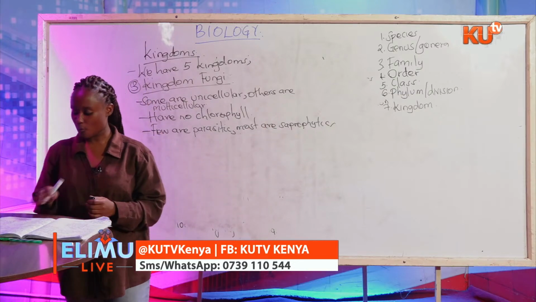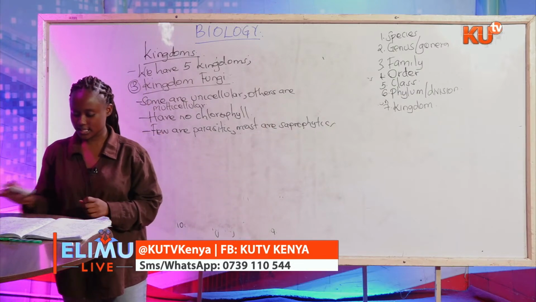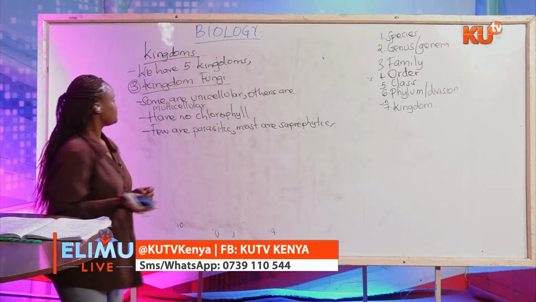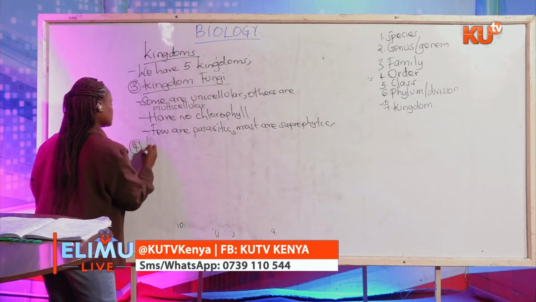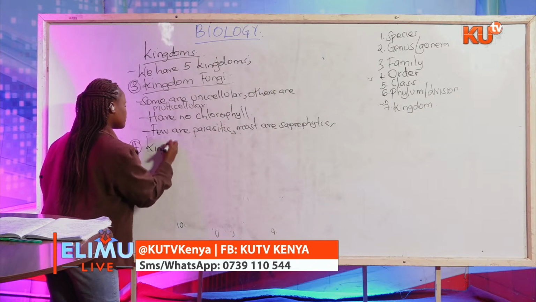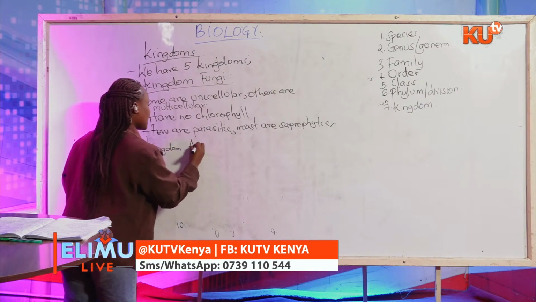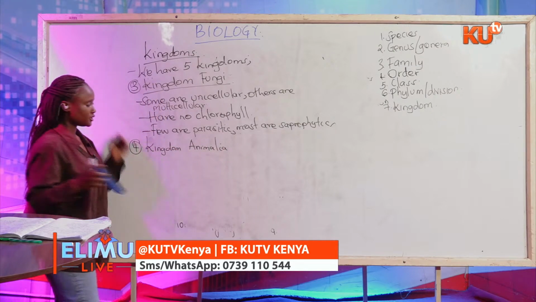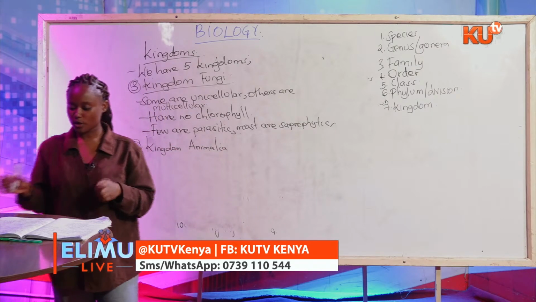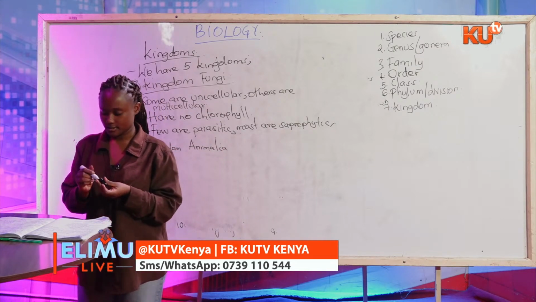We go to our next kingdom, that is Kingdom Animalia. Our fourth one, characteristics of Kingdom Animalia and Kingdom Plantae.